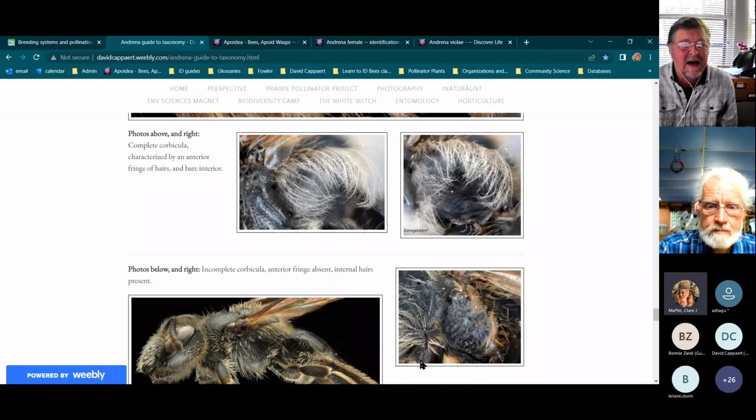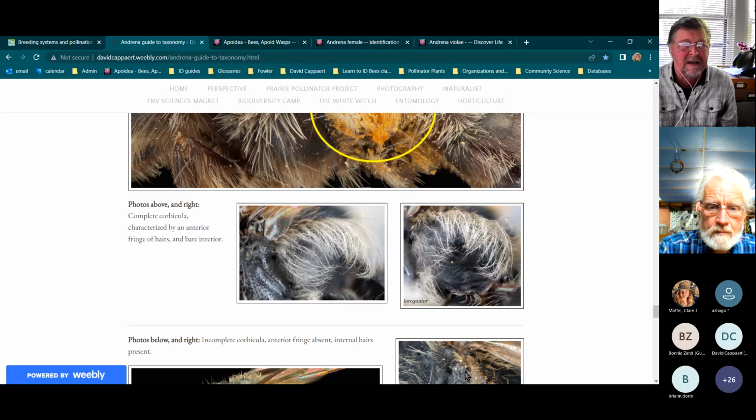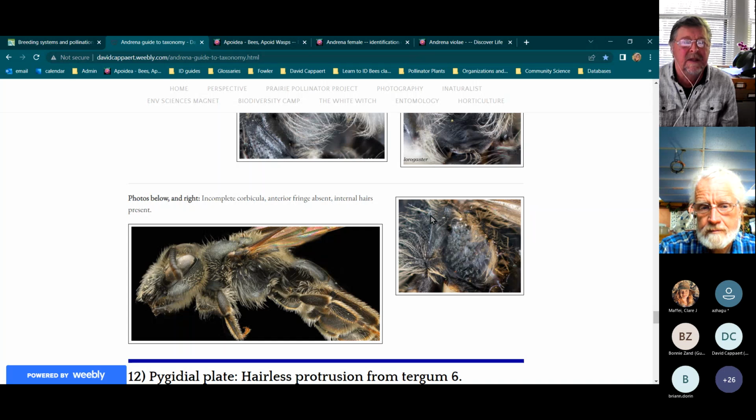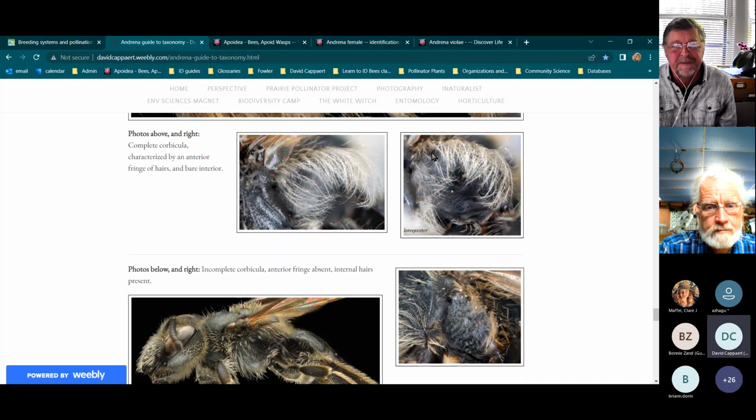You see the fringe on top and at the back, but in the front part, alongside where you'd see the posterior margin of the metafemur, there's no fringe of hairs, so it's incomplete, and it looks like there are some internal hairs in there. I can't tell for sure. So yes, those are two big differences: complete in the images on top, and incomplete below.